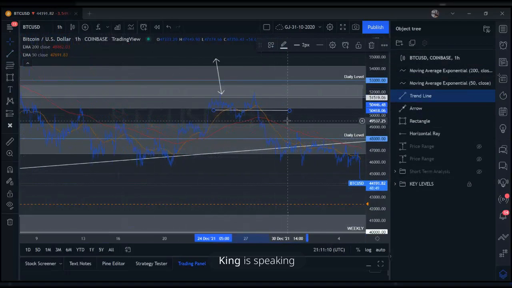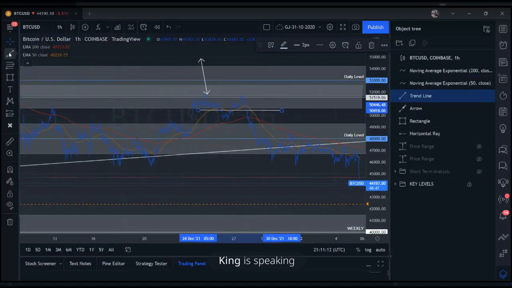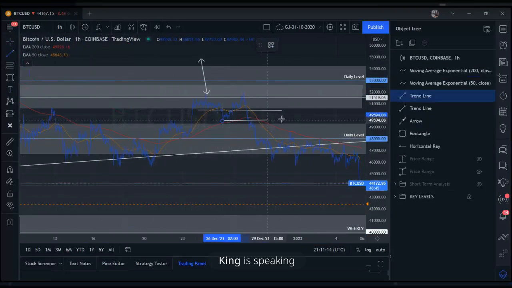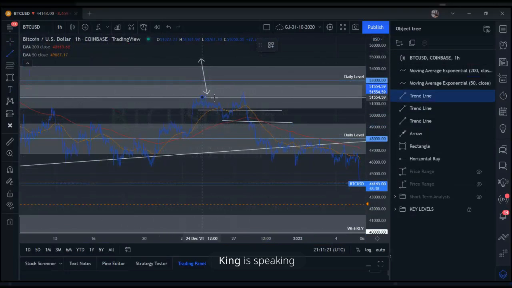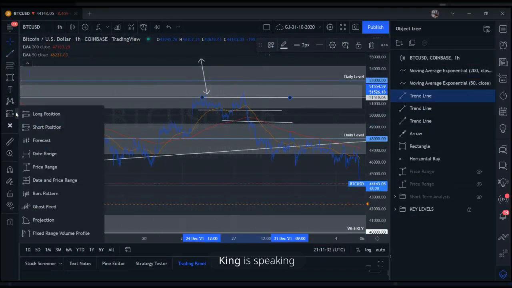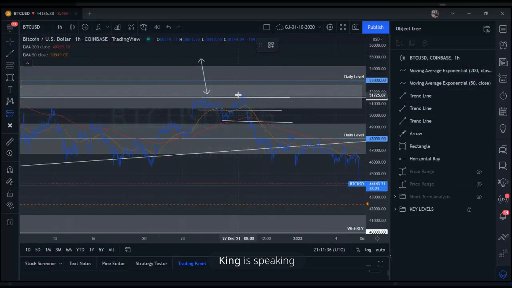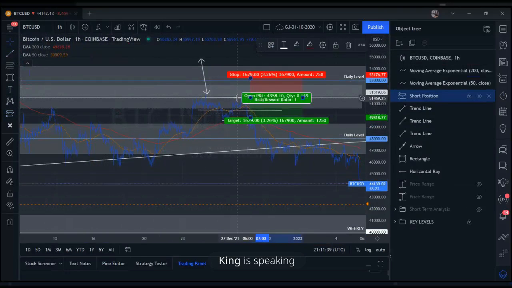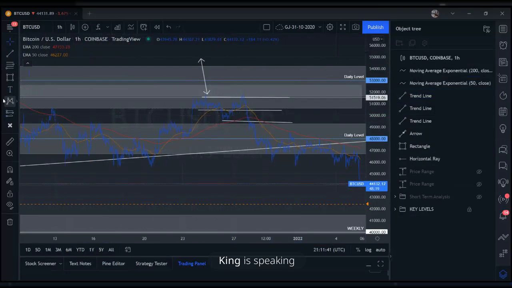So what we could have done is either sell a break of this, or sell the return to these highs, and give yourself, depending on your leverage, if you're doing futures, because we're talking about selling here.